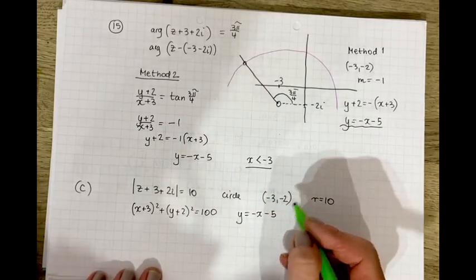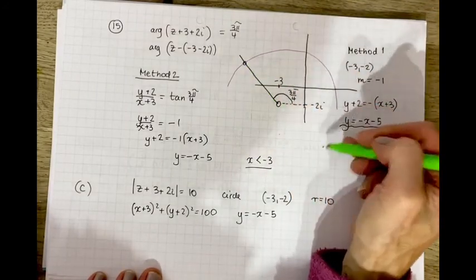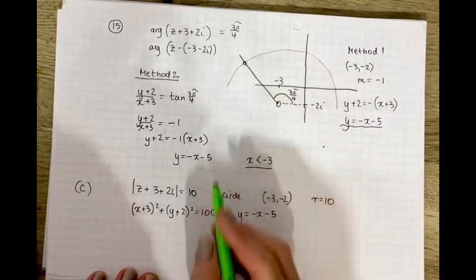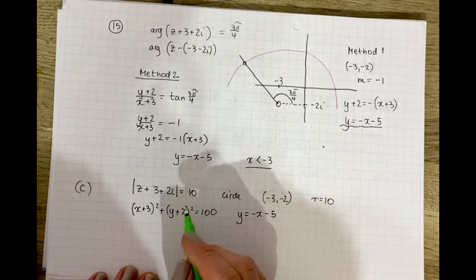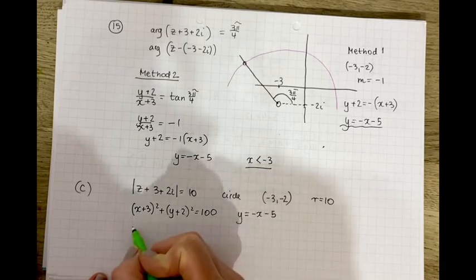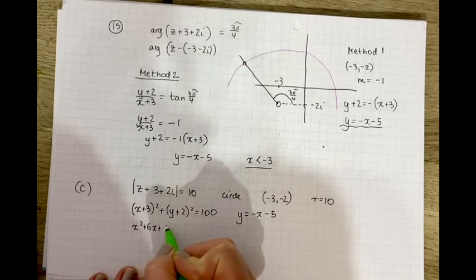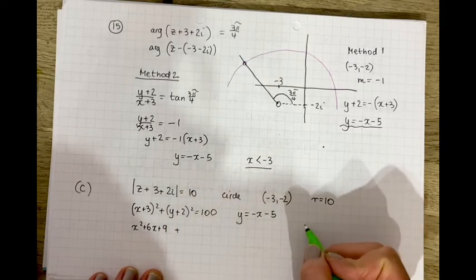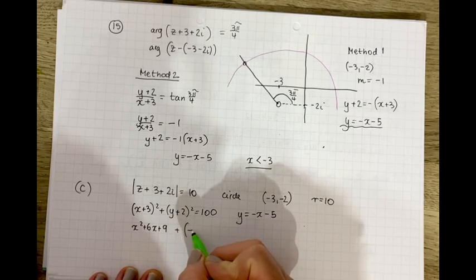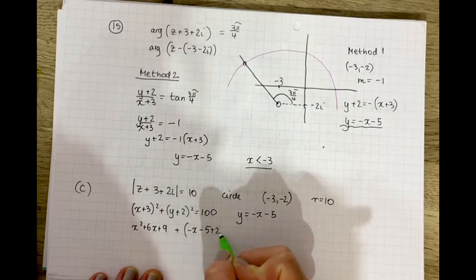I should be able to find 2 points, one here, one over here, but this is not our half line, so I'll be just looking at the one that has x coordinate less than minus 3. So let's sub in, and I'll expand it straight away. Instead of y plus 2, we are going to have minus x minus 5 plus 2 squared.